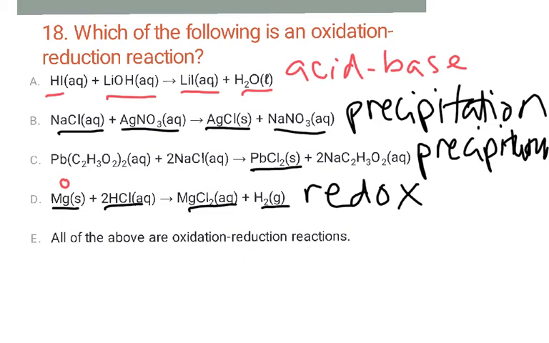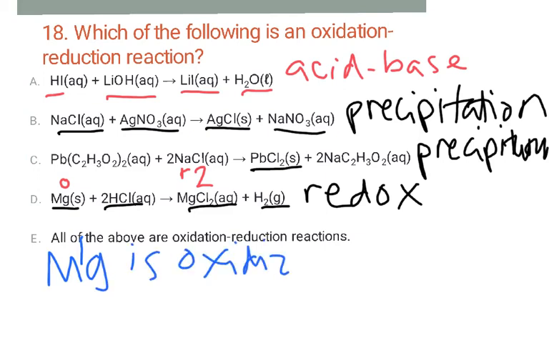Remember your rules say for a monoatomic ion, the oxidation state is going to be equal to the charge of that ion. So magnesium has a 2+ charge on it. If magnesium goes from a 0 charge to a 2+ charge, magnesium is oxidized because it loses electrons. So you just confirmed that this is in fact a redox reaction. So in this reaction, right, magnesium is oxidized.